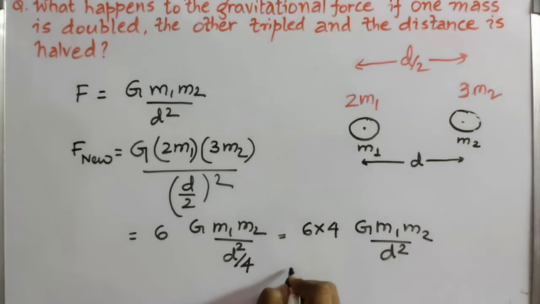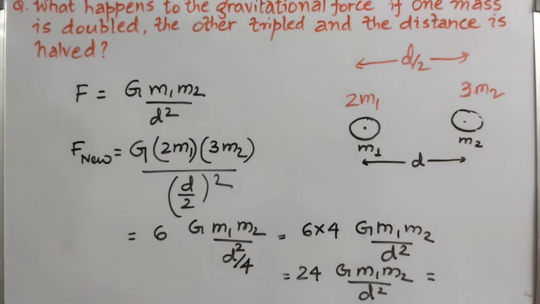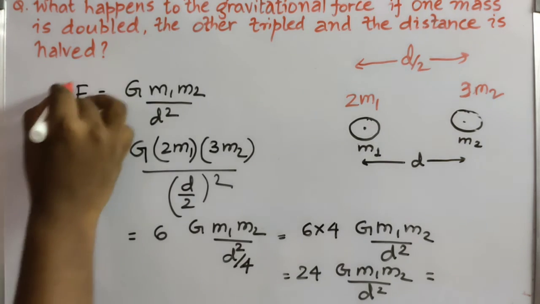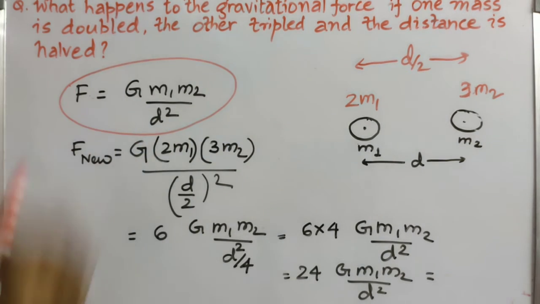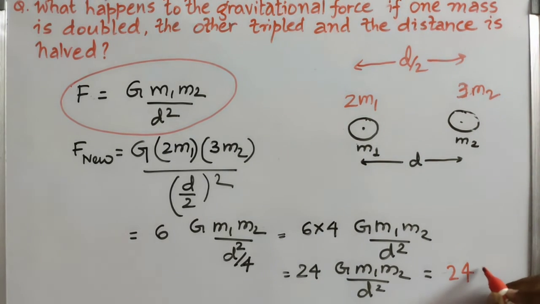What is 6 into 4? 6 into 4 is 24 G m1 m2 by d square, and I can write it as, what is G m1 m2 by d square? G m1 m2 by d square is the initial force. So I can write this as 24 times the initial force.